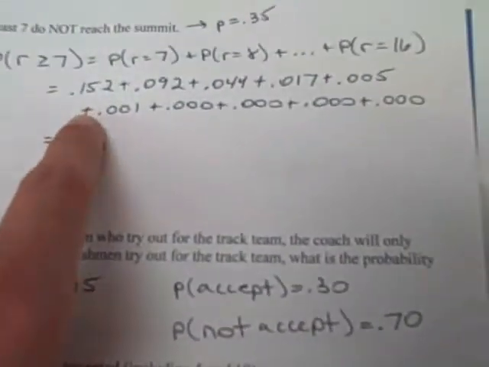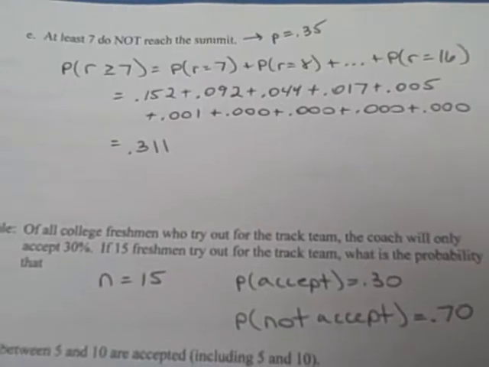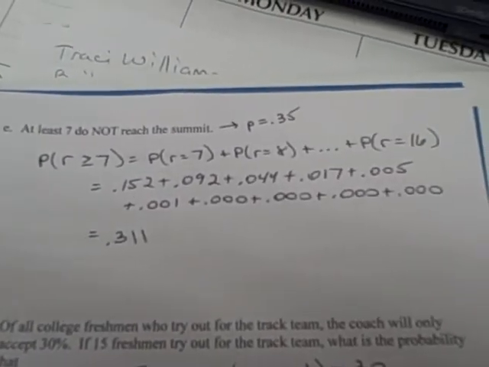We add up starting with 0.152 for r equals 7, all the way down to n equals 16, so 7 down to 16. That's where I got all of these numbers. When I add those up, I get 0.311. All right, I'm going to stop right here. We'll have a part 2.